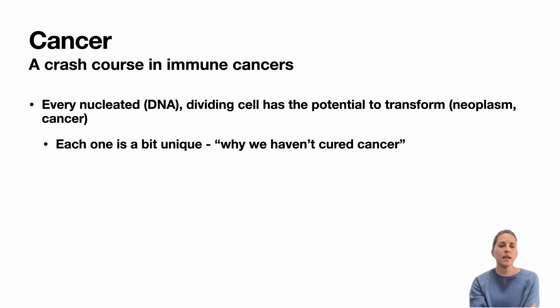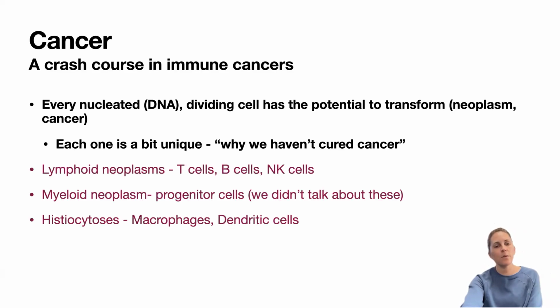Any cell that is dividing has the possibility to transform. And each one is a little bit unique. And that's why we really haven't cured cancer yet, is because each one of those cells is unique. Otherwise, they wouldn't exist. We don't really have a lot of space for redundancy. But yeah, it makes it really interesting because you can't tackle the melanoma issues the same as you would a leukemia or a lymphoma.